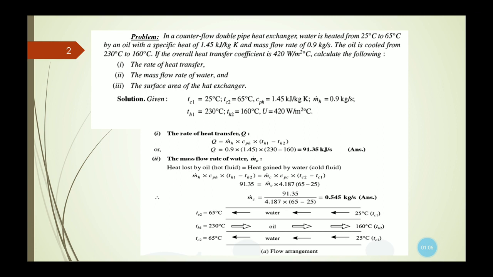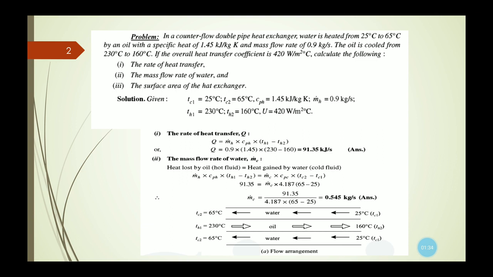So here it says that in a counterflow double pipe heat exchanger, water is heated from 25 degrees centigrade to 65 degrees centigrade by an oil with a specific heat of 1.45 kilojoule per kg Kelvin and mass flow rate of 0.9 kg per second.